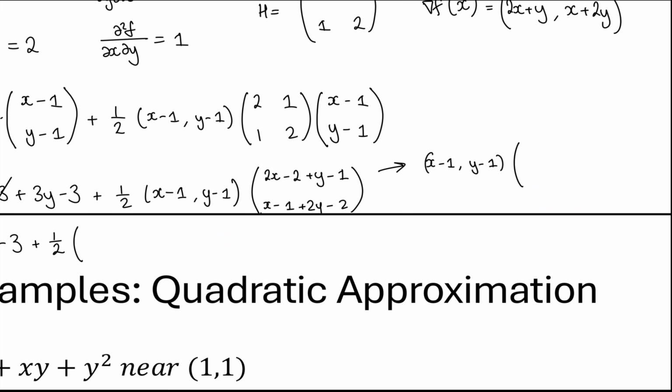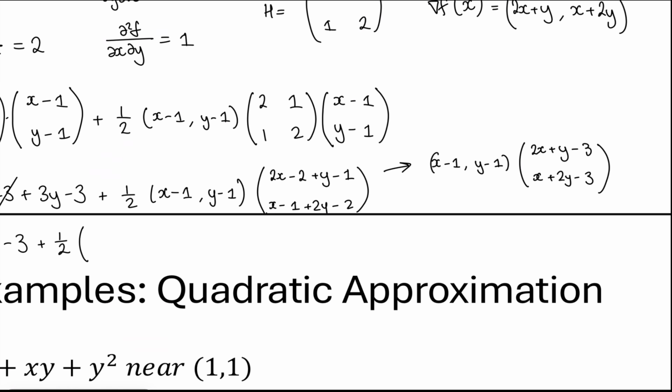And in brackets, 2x plus y minus 3, and then x plus 2y minus 3. So now, if we multiply these two together, we get (x minus 1)(2x plus y minus 3) plus (y minus 1)(x plus 2y minus 3).